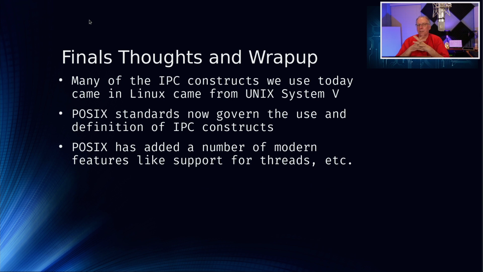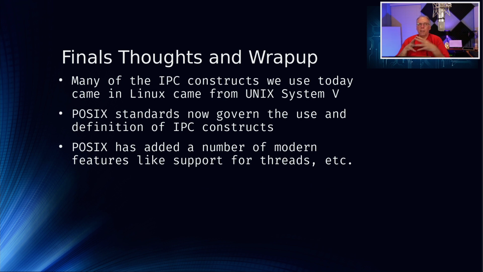So, some final thoughts and wrap-up for today. Many of the IPC, or interprocess communication, constructs we use today came to Linux from Unix System V. Now, a lot of those things are not in their original form as they came from System V. POSIX has standardized the IPC, with good reason.